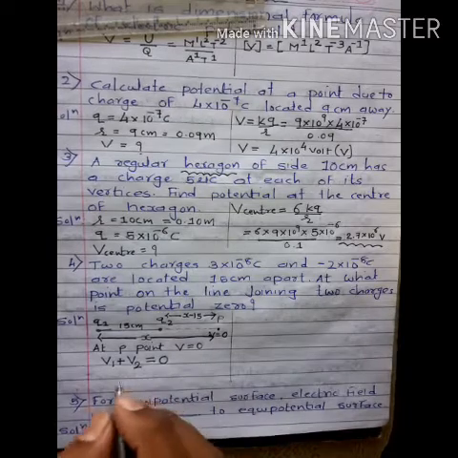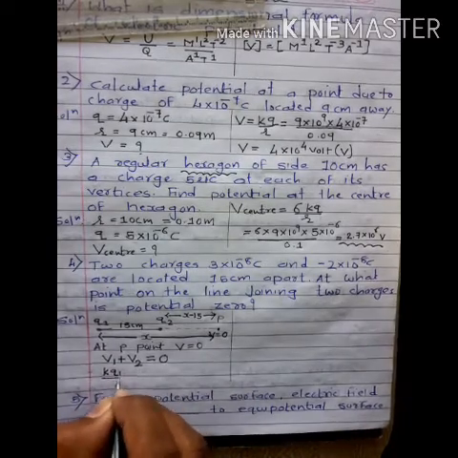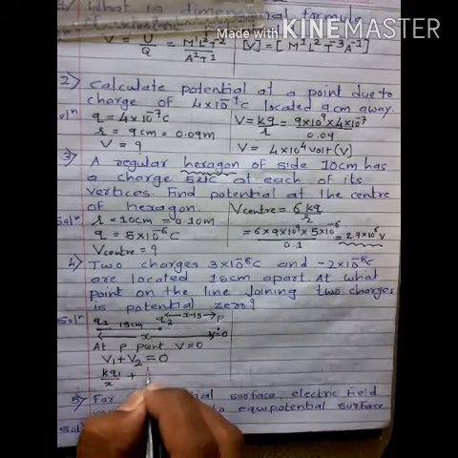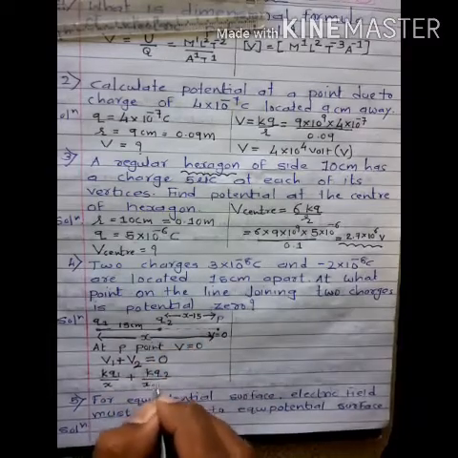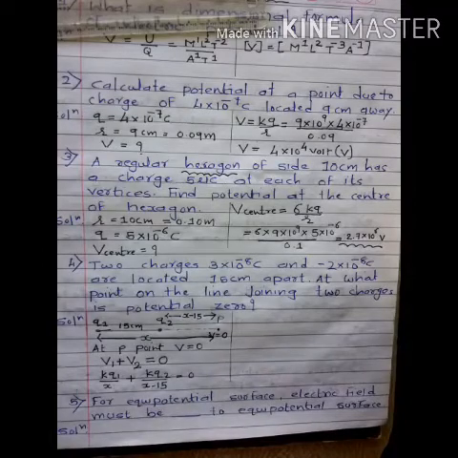Now use the equations of V1 and V2. V1 means K Q1 upon distance x, plus V2 means K Q2 upon distance x minus 15, is equal to 0. Clear?